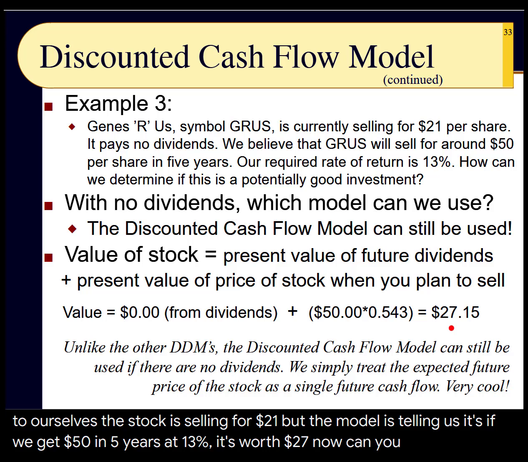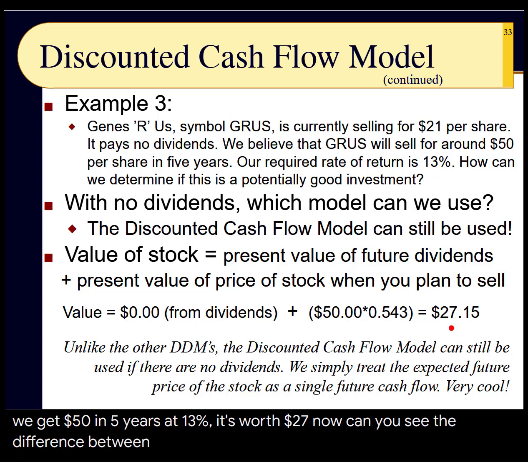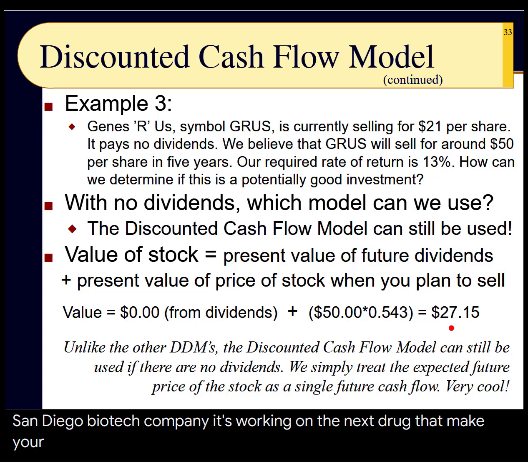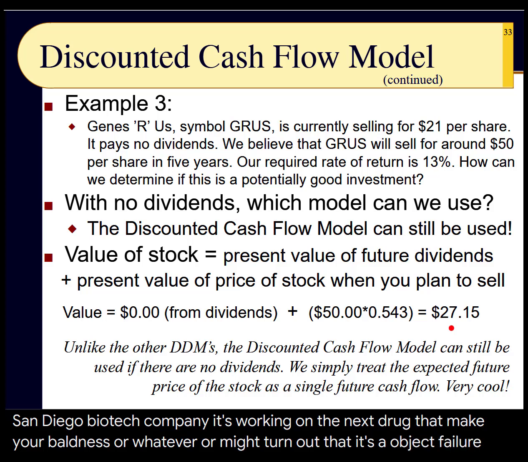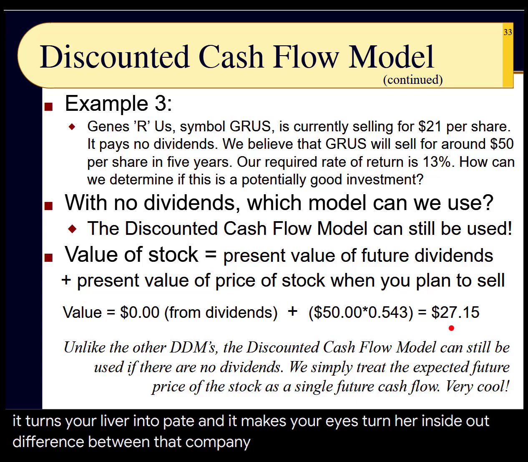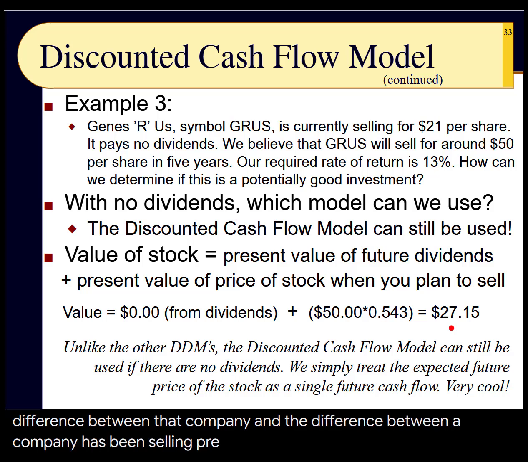Now, can you see the difference between a Jeans or Us, a company that may be based here in San Diego, a biotech company that's working on the next drug that may cure baldness or whatever, or might turn out to be an abject failure that turns your liver into pate and makes your eyes turn inside out, and a company that's been selling pretzels for 80 years?